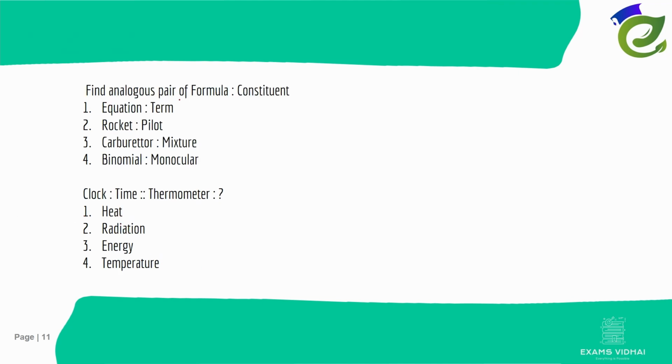Find the analogous pair of formula and constituent. Here the analogous pair is like a formula is a whole thing and a constituent is one part of a formula. So here, equation is a big thing and term is a small part of that equation. The others do not make sense, right? These are all different. Next, clock, time. What's the relation between clock and time?